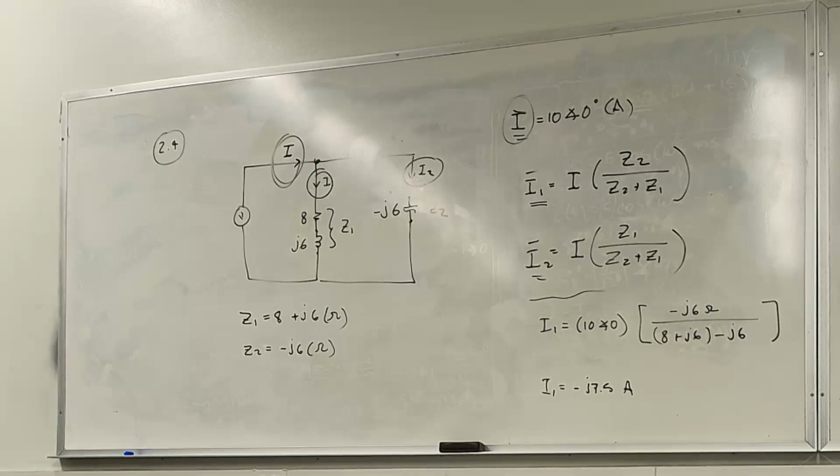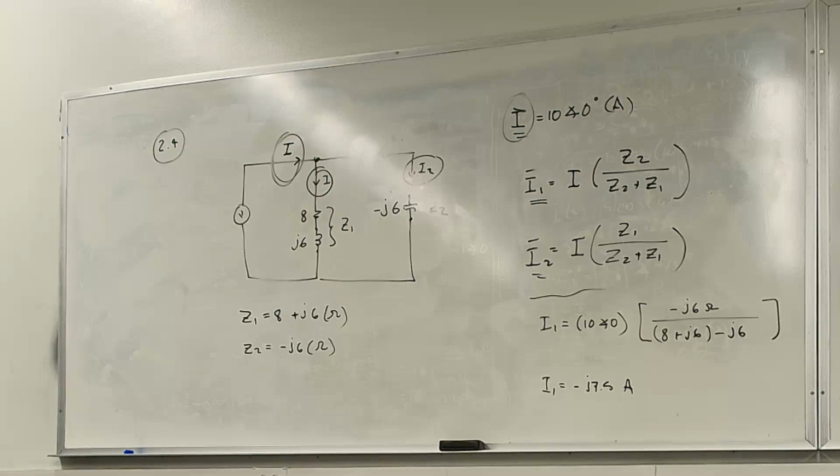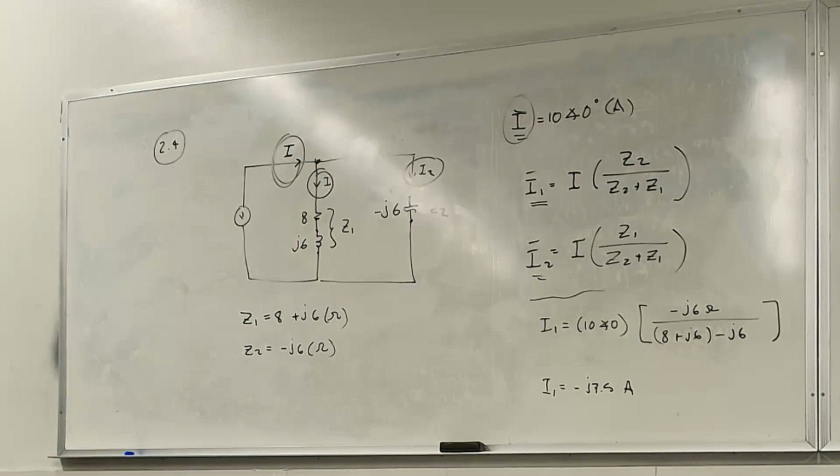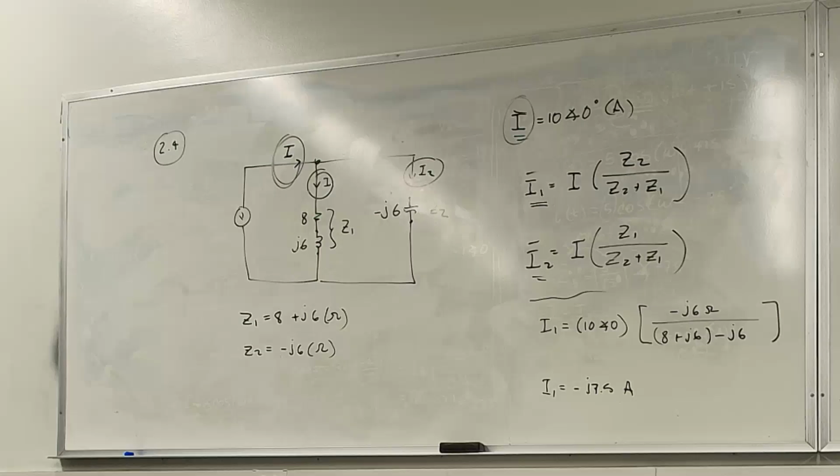And then last but not least, I have another phasor, I2, which is 12.5 angle 36.87 degrees.